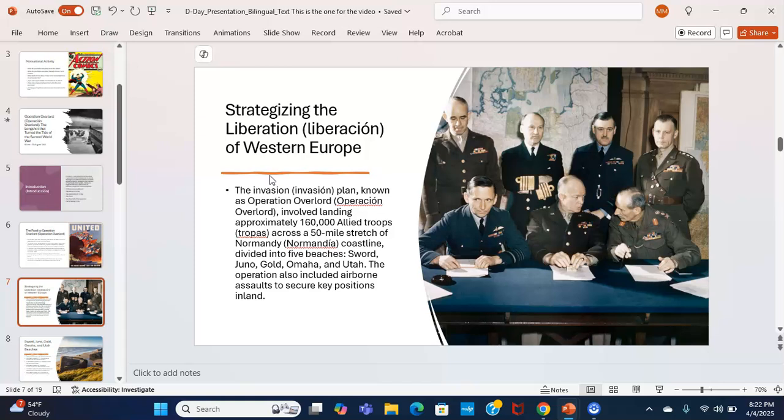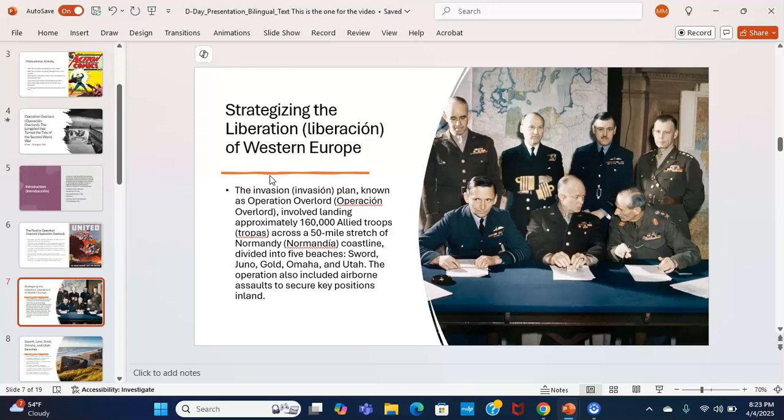Strategizing, the strategy, and the 5 beaches. Operation Overlord called for a landing of over 160,000 Allied troops along 5 key beaches on the Normandy coast: Utah, Omaha, Gold, Juno, and Sword. That's what they codenamed them, each with unique objectives.